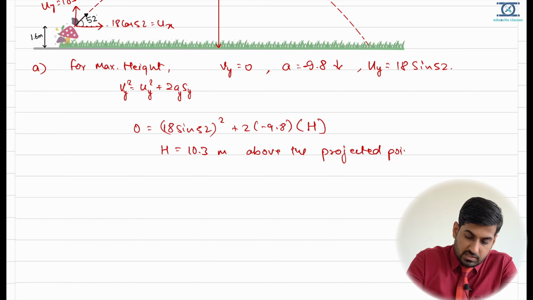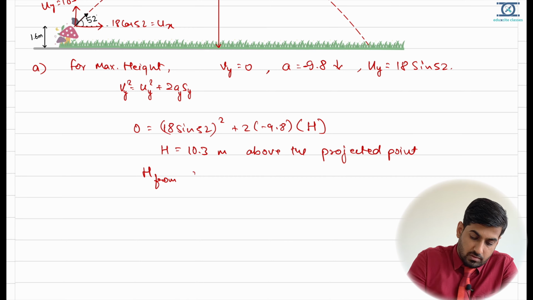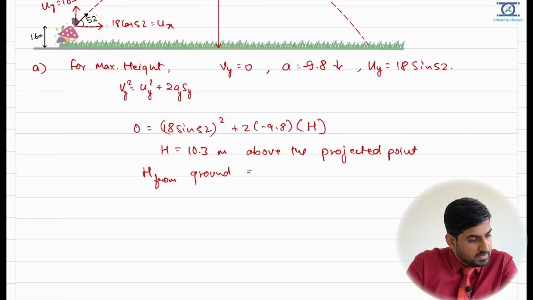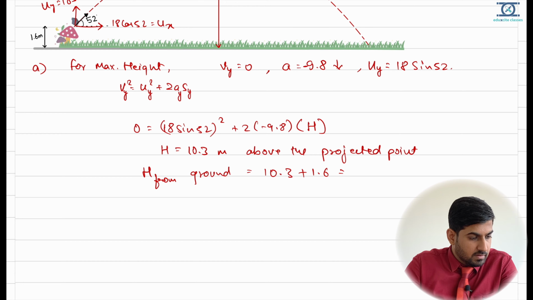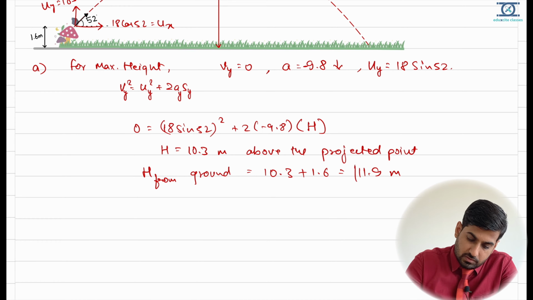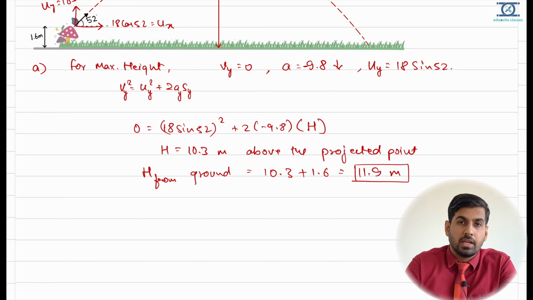So the total height from the ground will be 10.3 plus 1.6, which is 11.9 meters. So this will be your answer for the A part.